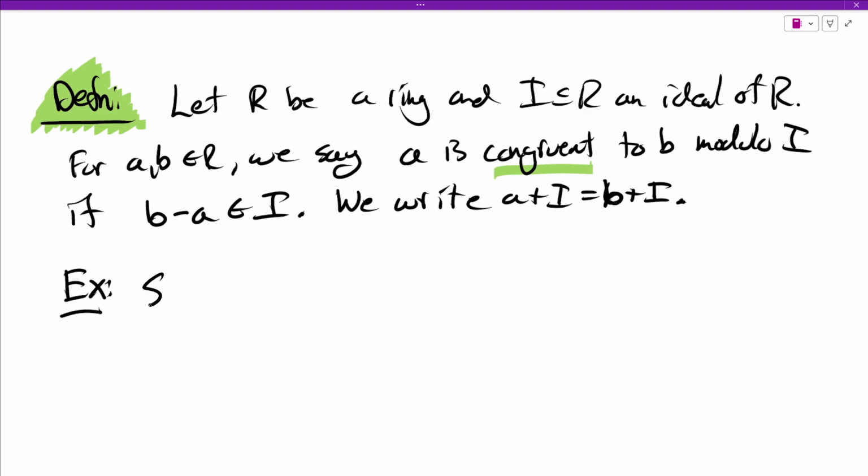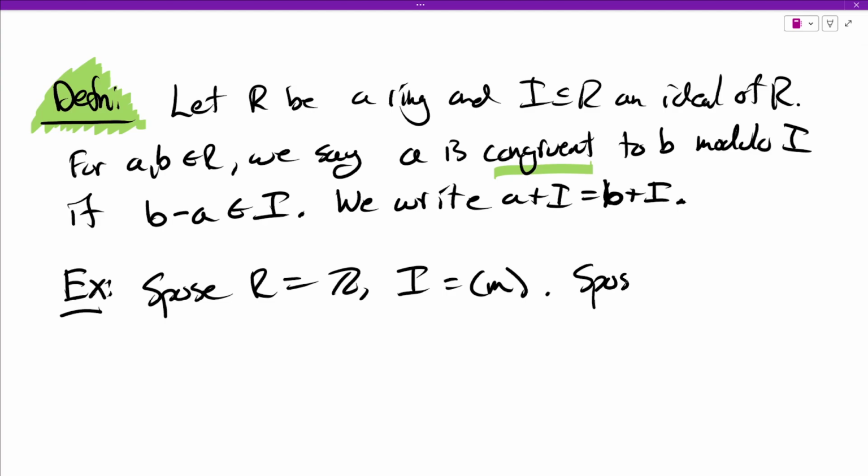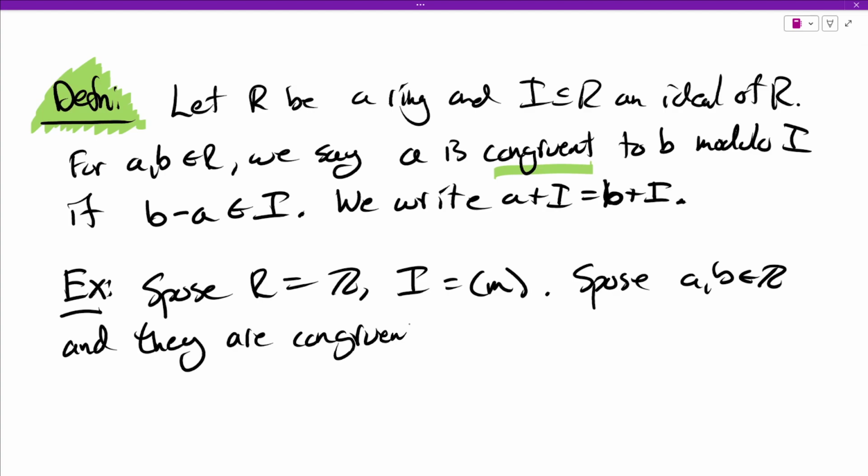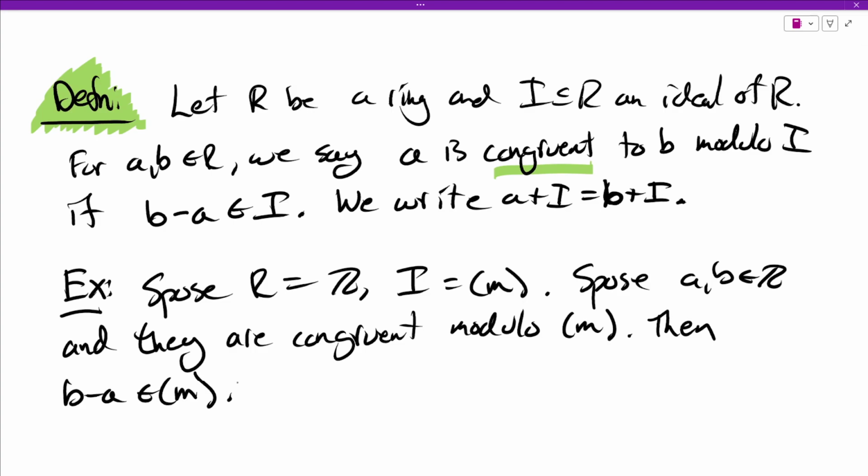So suppose for a moment that R is Z, and I is the principal ideal generated by some M. Then suppose that we have two integers A and B, and they are congruent modulo the ideal generated by M. This means then that B minus A is in the principal ideal generated by M.